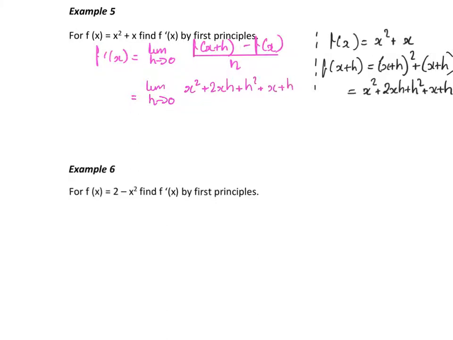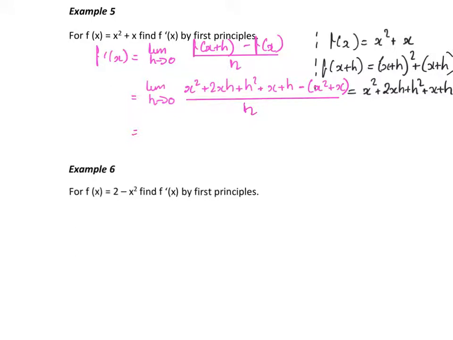And we're going to take away f of x, and f of x was x squared plus x. And what is that all over? That is all over h.